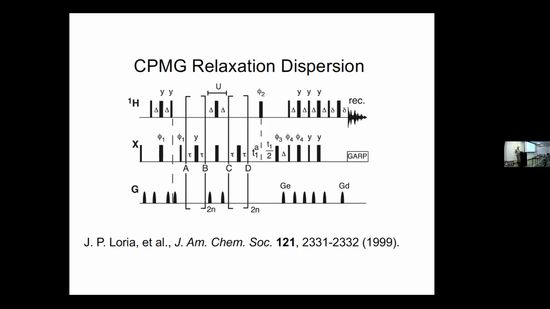Well, now there are sequences that decouple. At the time, there's a problem: these delays are short enough that you can't fit a super cycle. Decoupling sequences usually come in super cycles that average out imperfections.